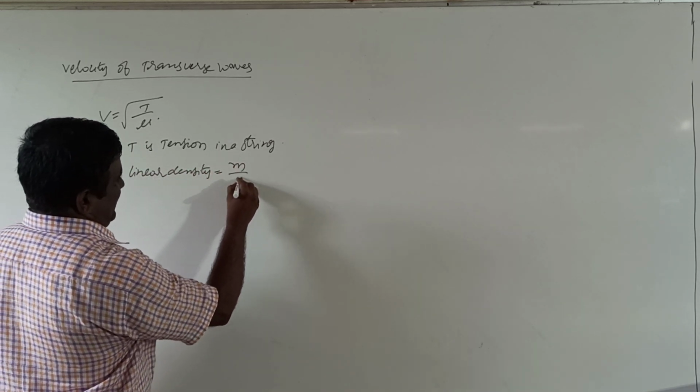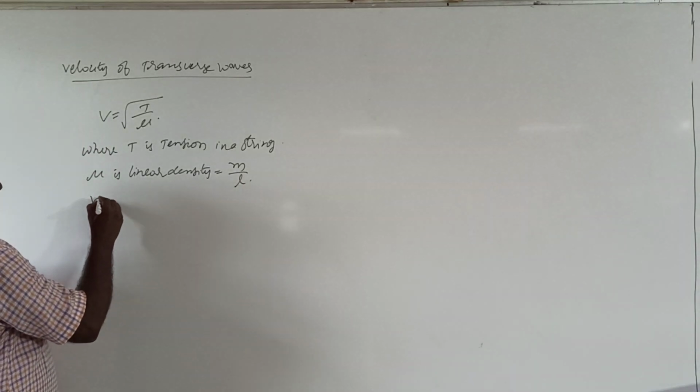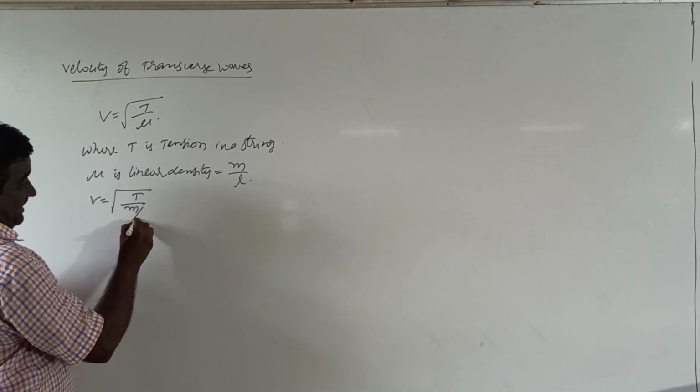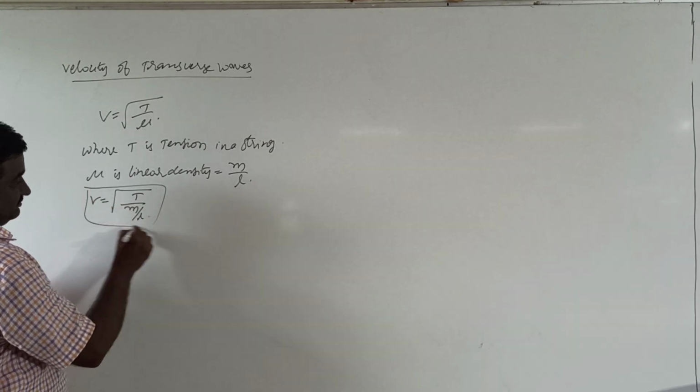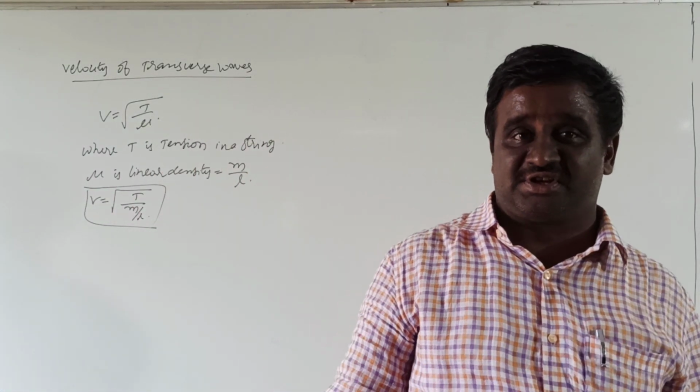It is defined as mass per unit length, mass by length. Then v equal to root over T by (mass by length). It is the equation of a transverse wave in a stretched string.